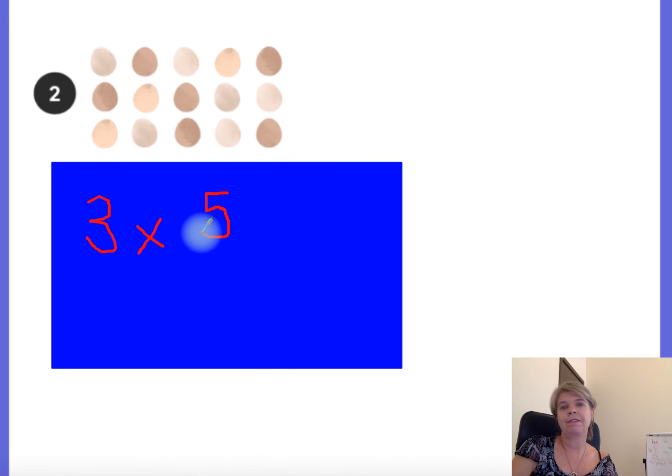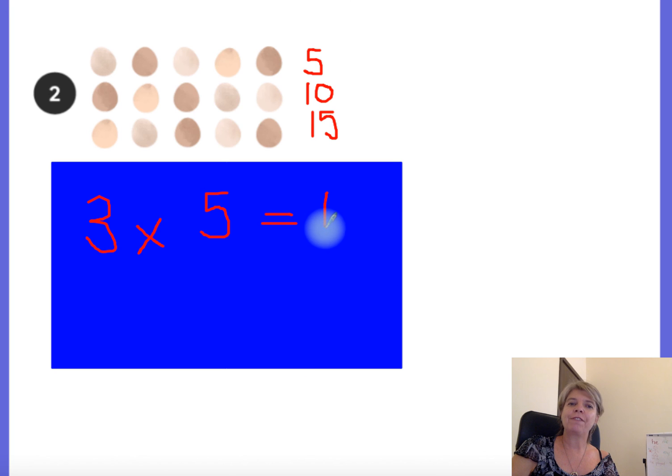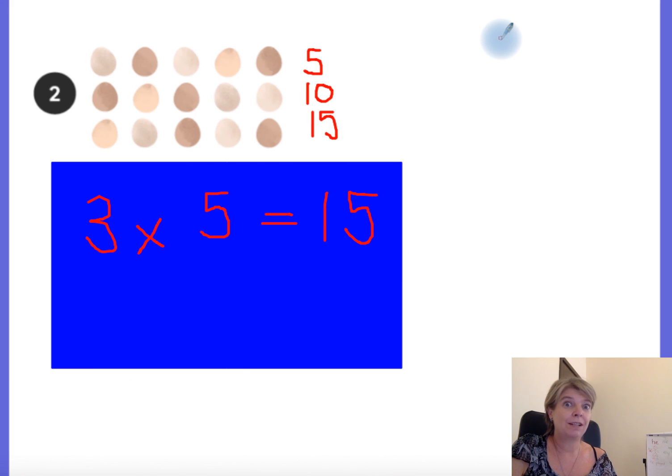There's 5. So 3 rows of 5. Let's count in 5s and find out. 5, 10, 15. How many eggs altogether? 15. See why it's really important that we practice to count in our 2s and 5s and 10s. It's really helpful. Let's have a look at what you're going to do in your Seesaw for maths.